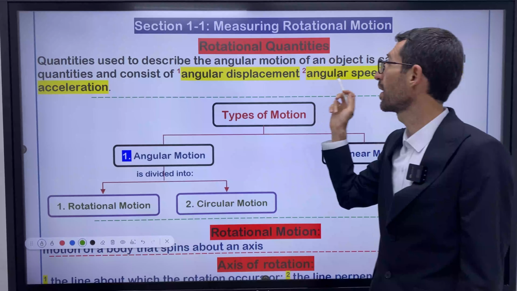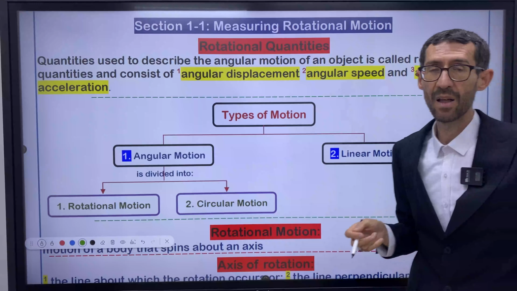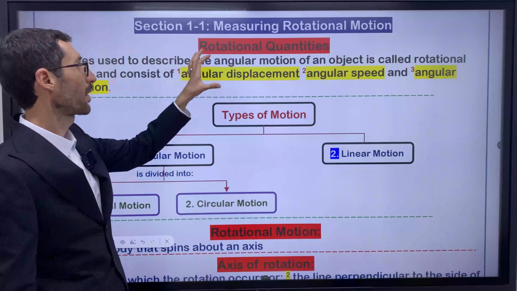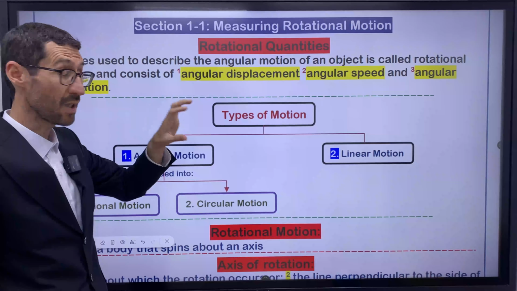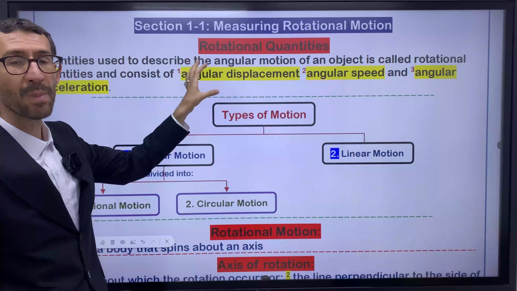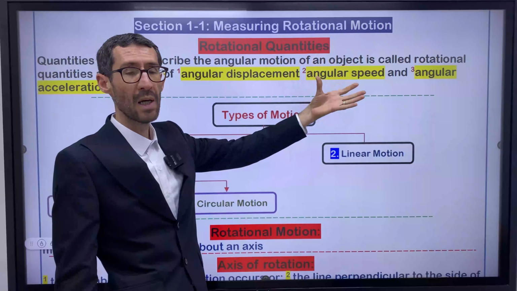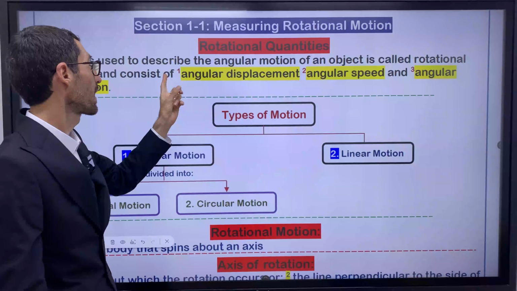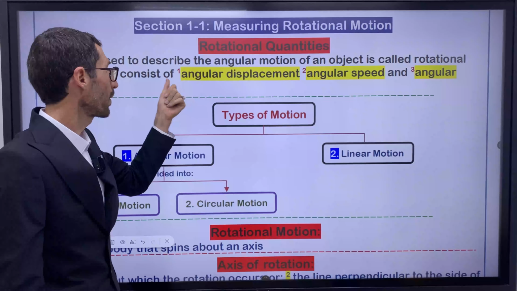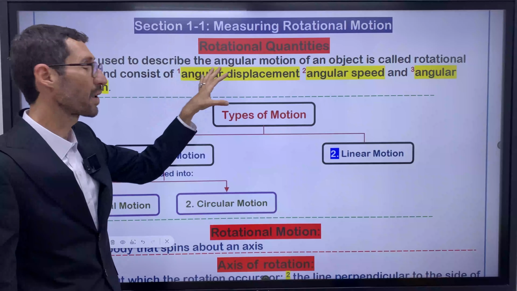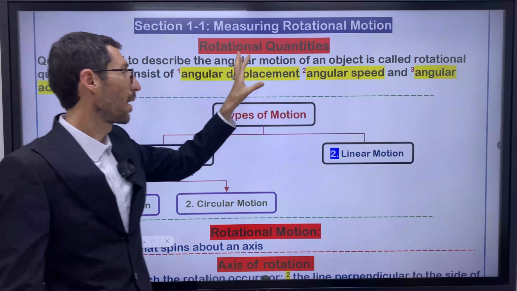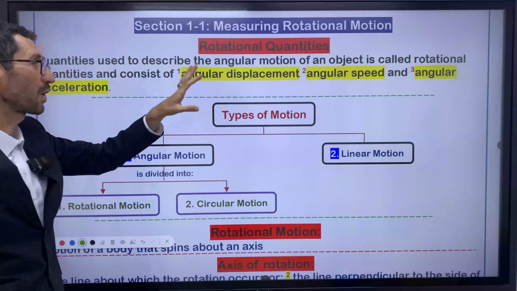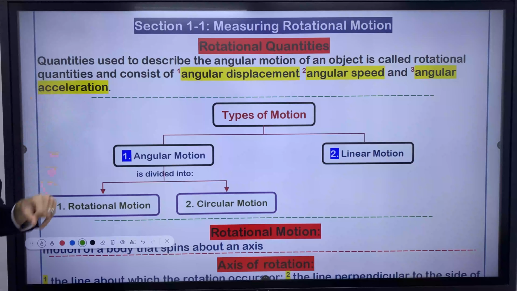So we have 3 quantities. They are the bases of rotational motion. You have to have information about these quantities in order to understand rotational and circular motion. So you must know what angular displacement is, what angular speed is, and you have to have information about angular acceleration.